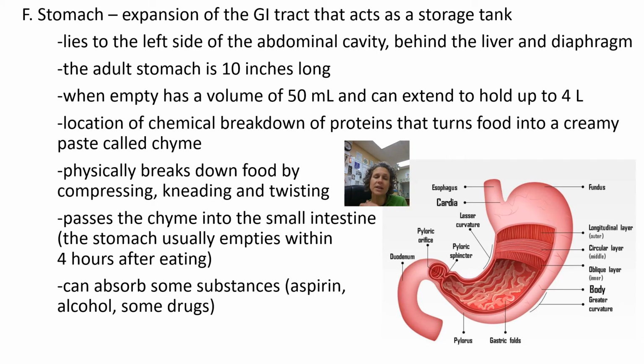Now, your stomach does have the ability to absorb certain substances. Aspirin can be absorbed into your bloodstream through the lining of your stomach. Alcohol, certain drugs. Some medicines have a chemical release or some kind of capsule on them, so they'll get further into your intestines before they dissolve and can be absorbed.